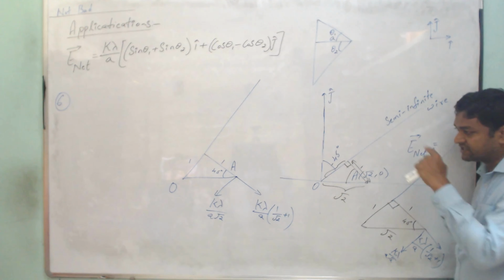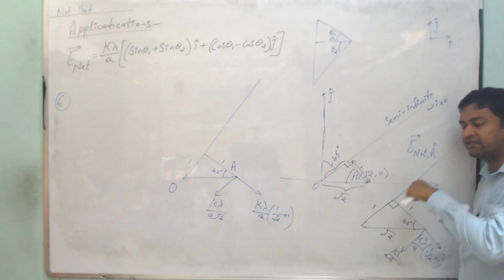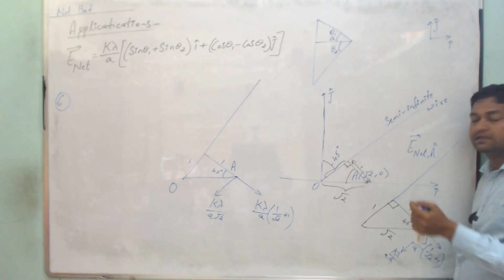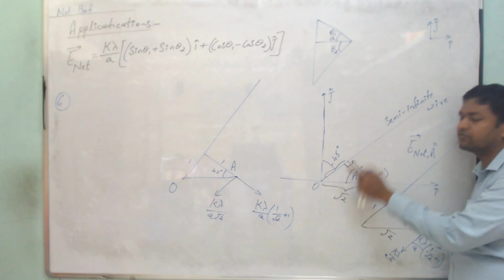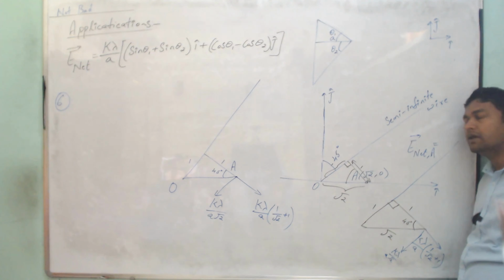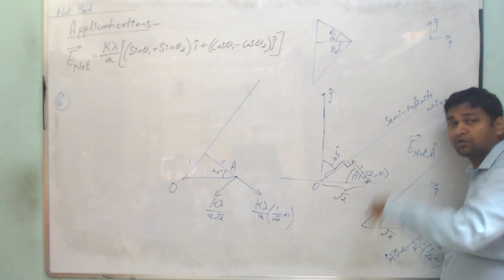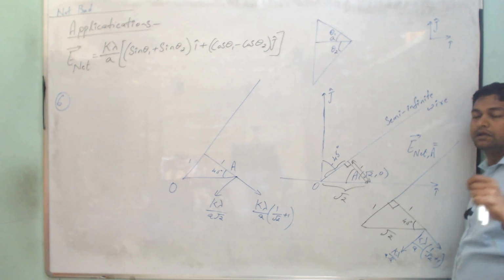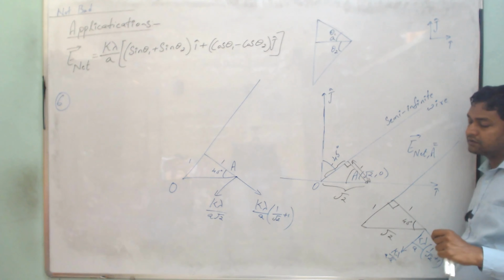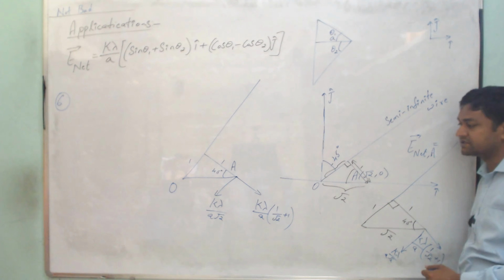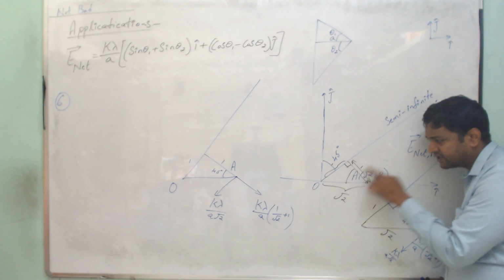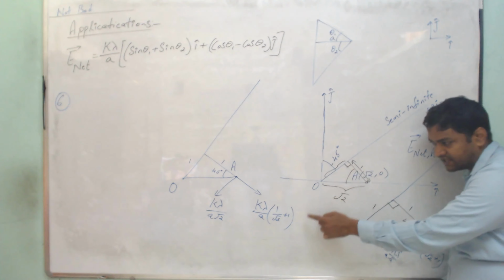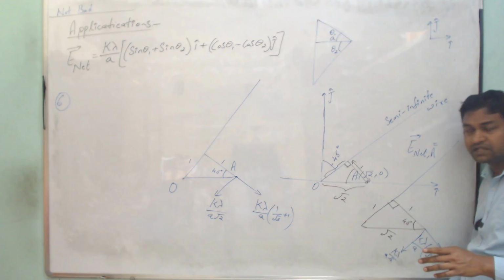Now, the same wire, if I rotate it anywhere along any axis, it is the same wire, same situation, same 45-degree situation. We take it anywhere, rotate it. What we have to remember is, as long as my 45-degree and 90-degree are fulfilled, away from the wire is K lambda by A into 1 by root 2.